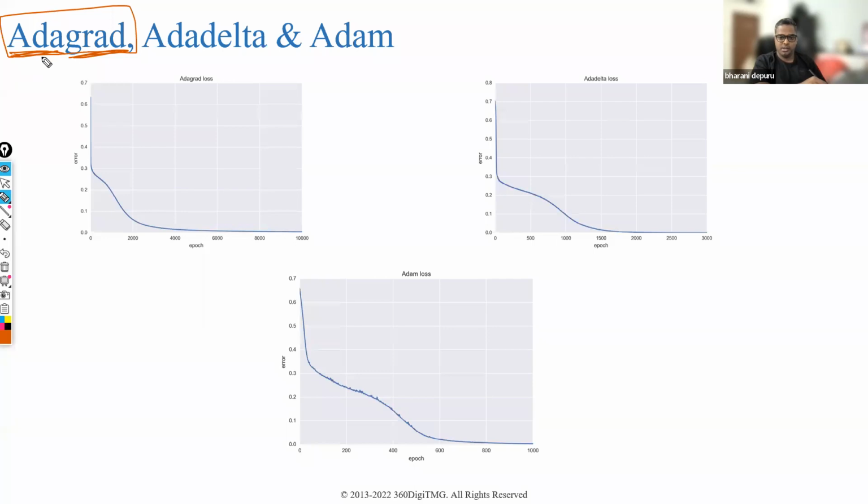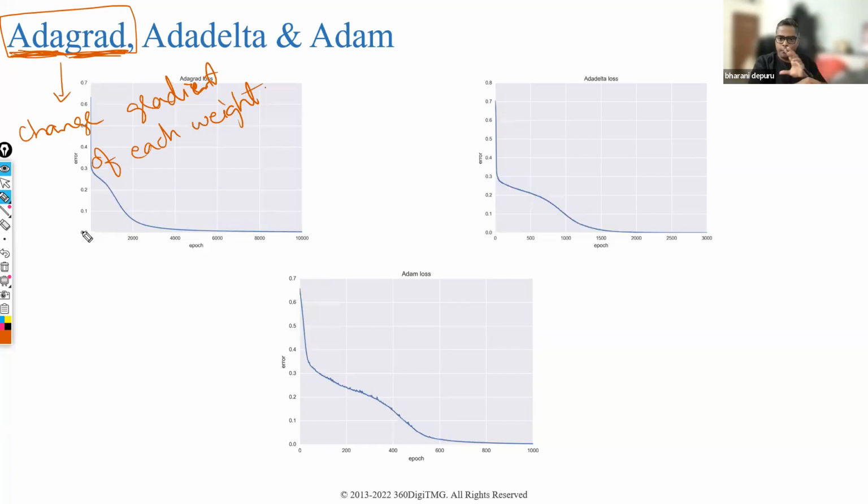Adaptive means change. And it is going to change the gradient of each weight. Changing the gradient of each weight is called ADA-grad.